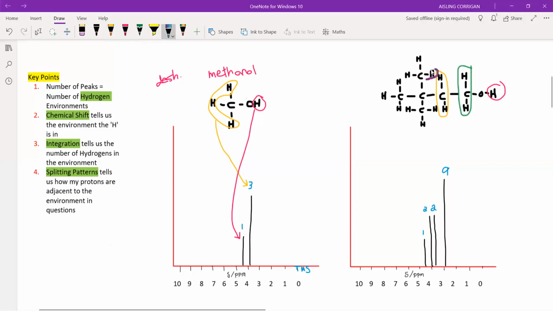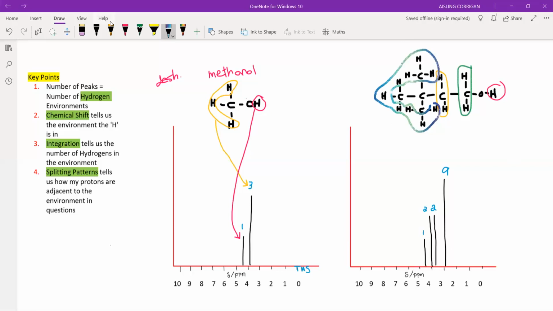So all of that is considered one environment. One hydrogen environment, and I've got a carbon there, but one hydrogen. So I've got 4 hydrogen environments, 4 peaks.